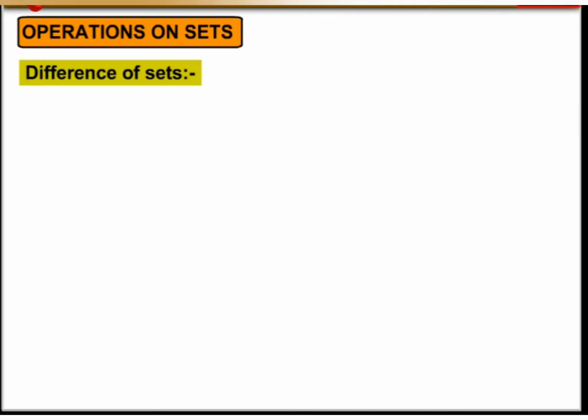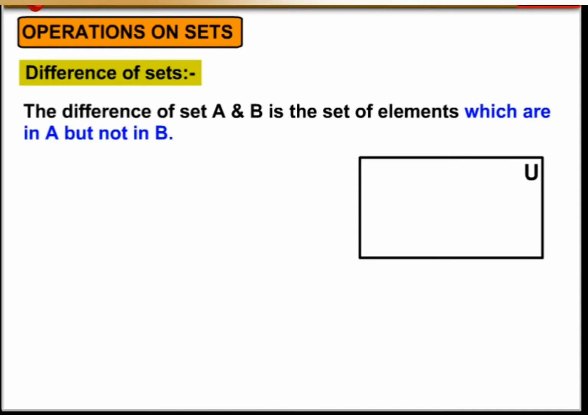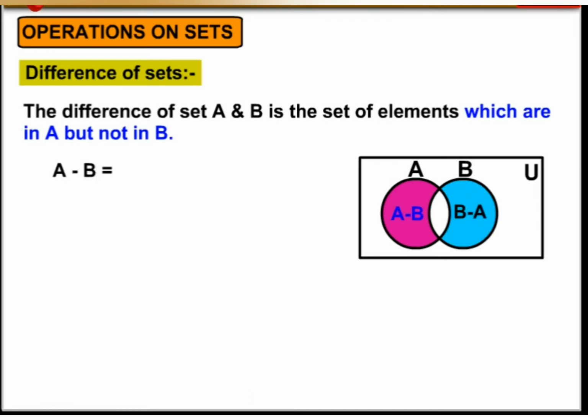Difference of sets. The difference of sets A and B is the set of elements which are in A but not in B. So A minus B is equal to A intersection B dash.